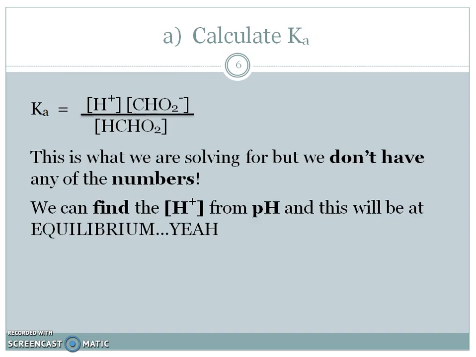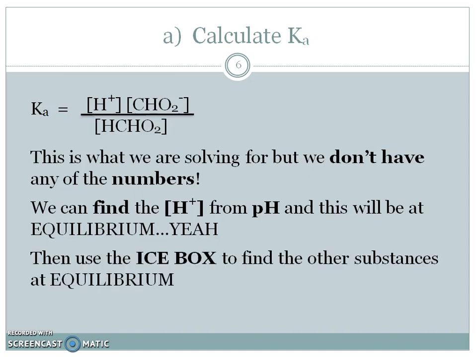So like I said before, we're going to find that concentration of H+ from the pH value they gave us. Woohoo! This is now going to be the H+ concentration at equilibrium. From there, we're going to use that ICE box again. We learned that ICE box in our regular general equilibrium reactions. We are now going to use it with our weak acids and weak bases.